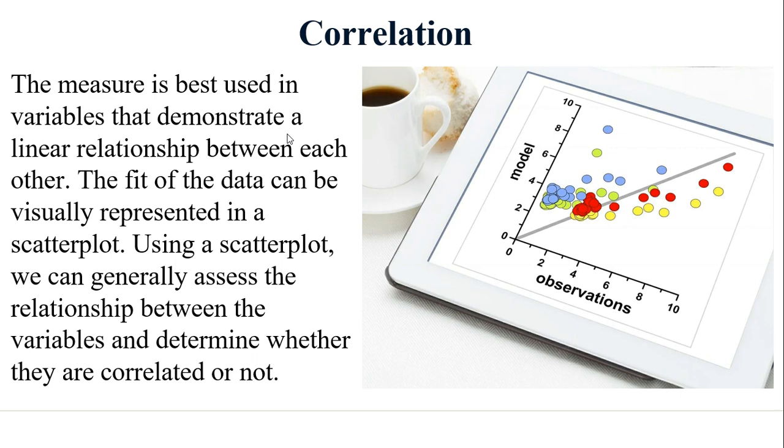Some of these variables are closer to the line, and as they increase, they are moving upward. As one variable is increasing, the other variable is increasing too, in terms of the model and the observation. So let's not look at this diagram and start giving what we don't really understand. Let's get to understand it more.